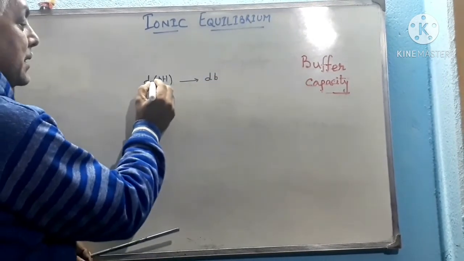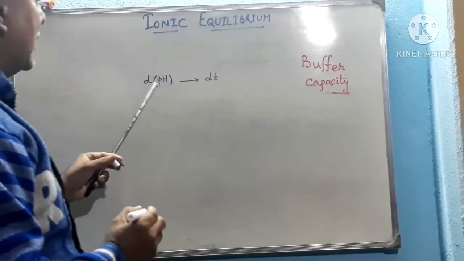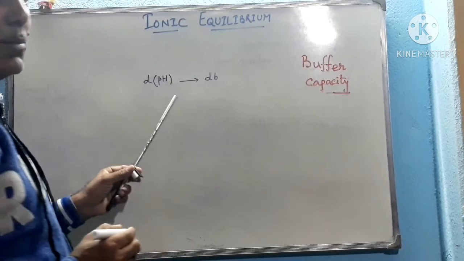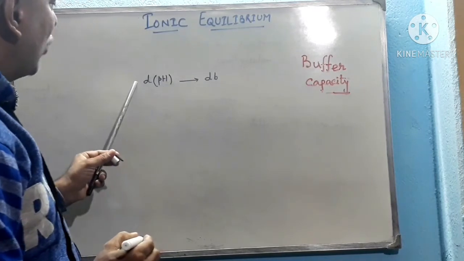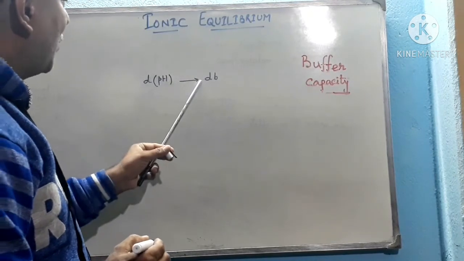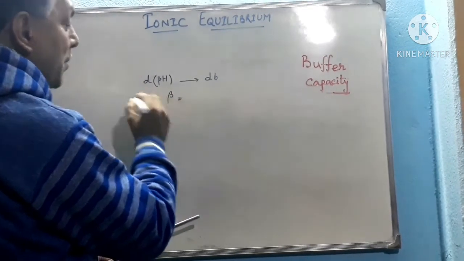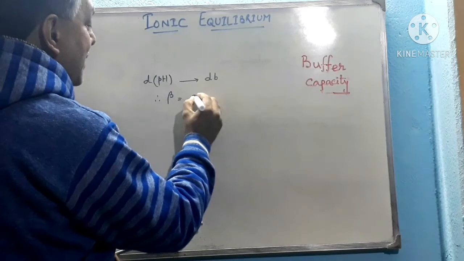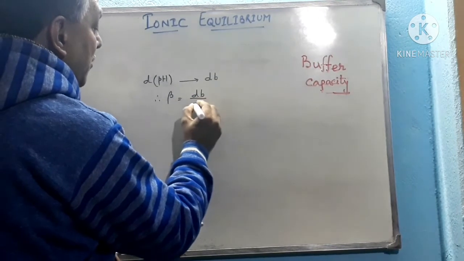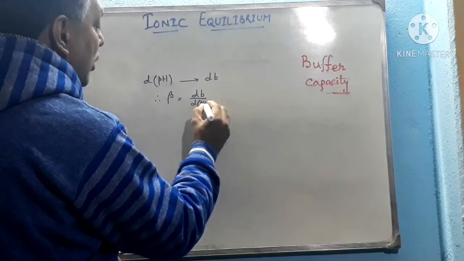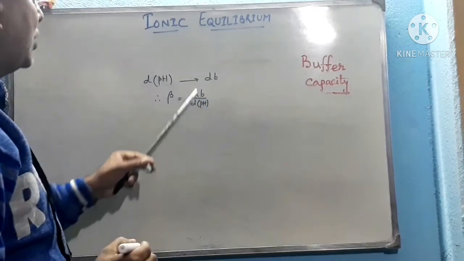As it is increased due to the addition of the base, the pH of the solution gets increased, and hence it will also be plus. Therefore buffer capacity for the basic buffer solution can be expressed as dB by dpH, or this also can be said as d[B]/d(pH).